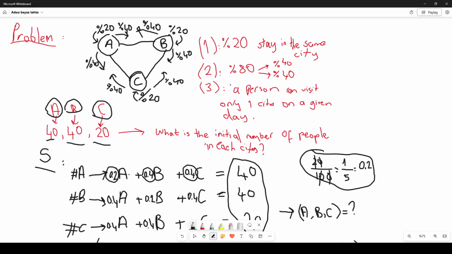Here are the rules that we need to follow. On a given day, 20% of people decide to stay in the city where they are. So if I am one of the people in city A, I can either decide to stay in the city or go to one of the neighboring cities.